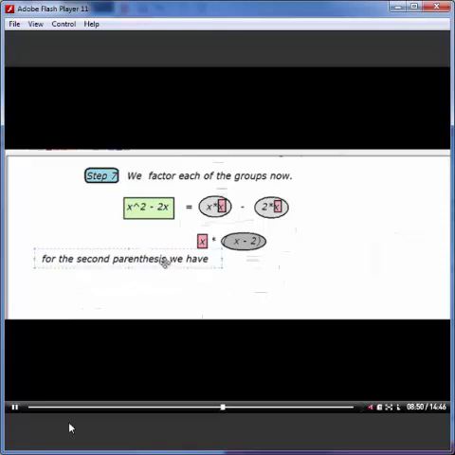So after you complete this step, instead of having 4 different terms for the trinomial, you are going to have 2 terms that each one of them will have 2 factors.